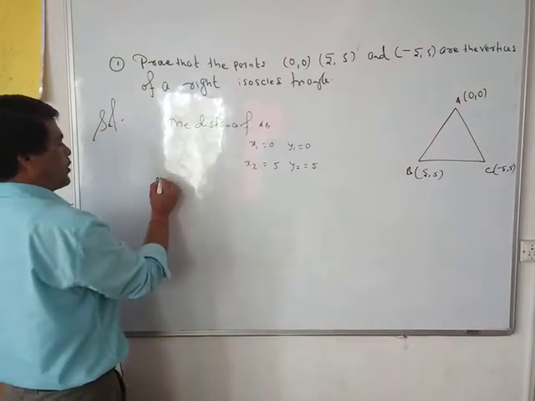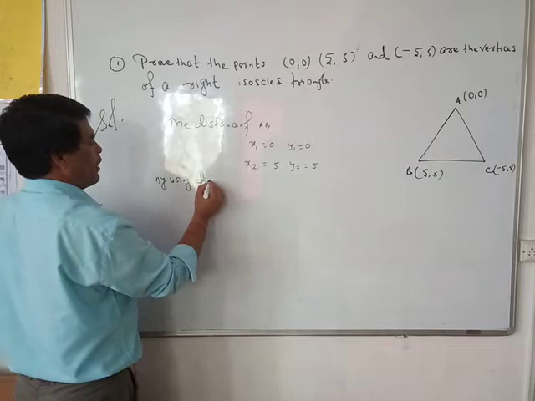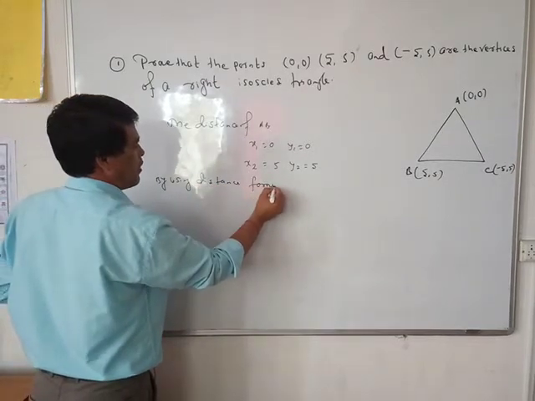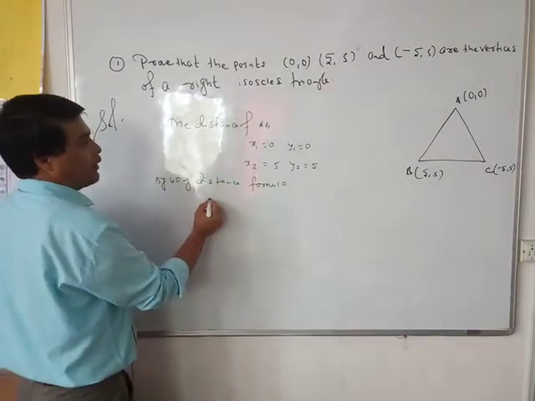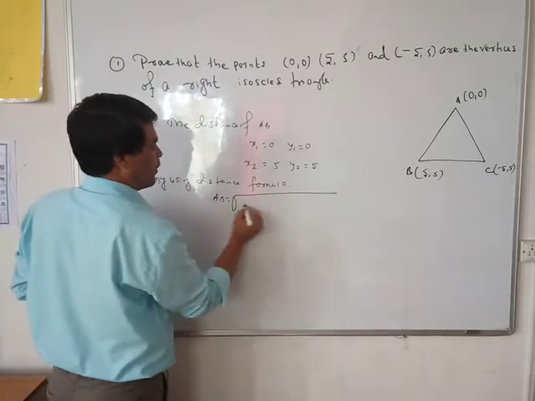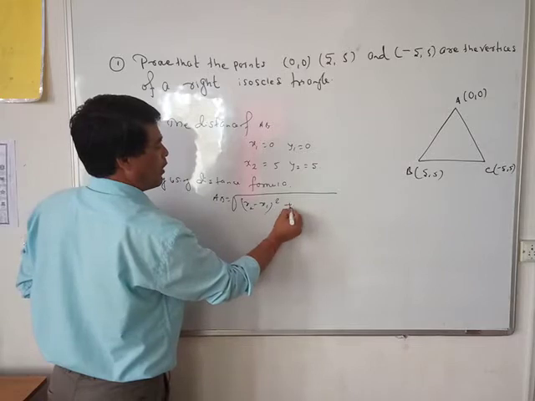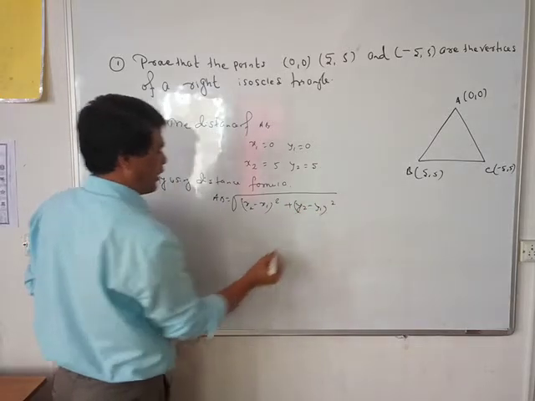Then by using the distance formula, AB is equal to root over (x2 minus x1) whole square plus (y2 minus y1) whole square.